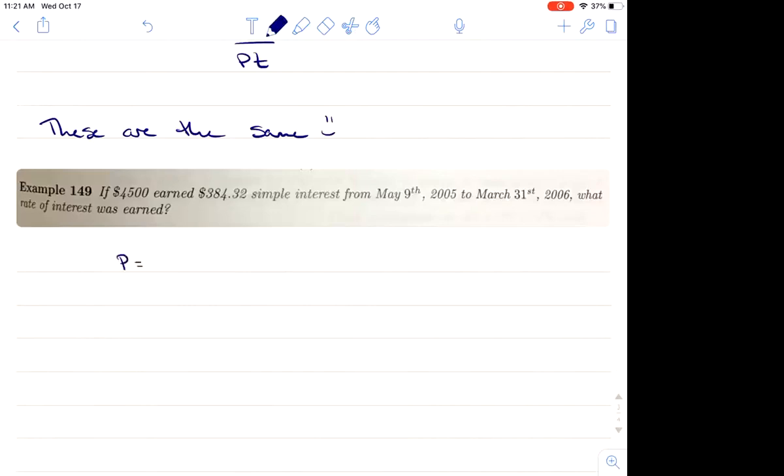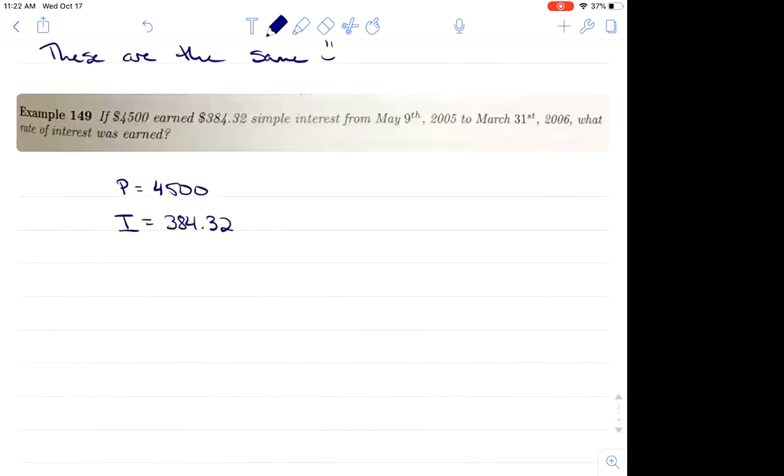So we're given the principal amount, it's $4,500. Now we're told that the amount of interest is $384.32, so I must be $384.32. Date 1 is May 9th, 2005.